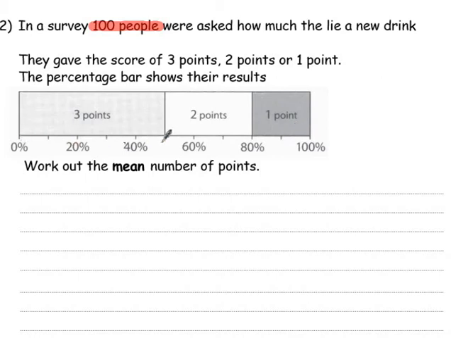So it's saying that this point here is 50%. So this means that 50% of people gave the new drink 3 points. And because there's 100 people, 50% of 100 is 50. So you can say 50 people gave it 3 points.